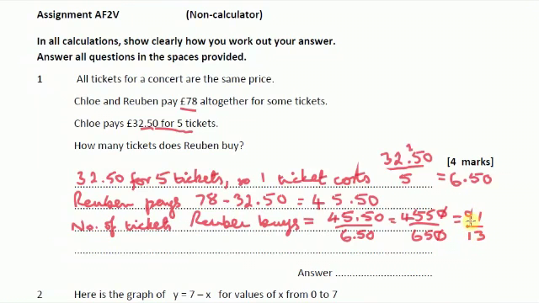Now, we haven't got a calculator, so we've got to try and do this by hand. 5 times 13 is easy to work out. 5 times 13 is 65. So that's not enough. Another 13 onto that will make 78. That's not enough. I want 91. But if I add another 13, I get 91. So it's 5, 6, 7. 7 tickets for Ruben.